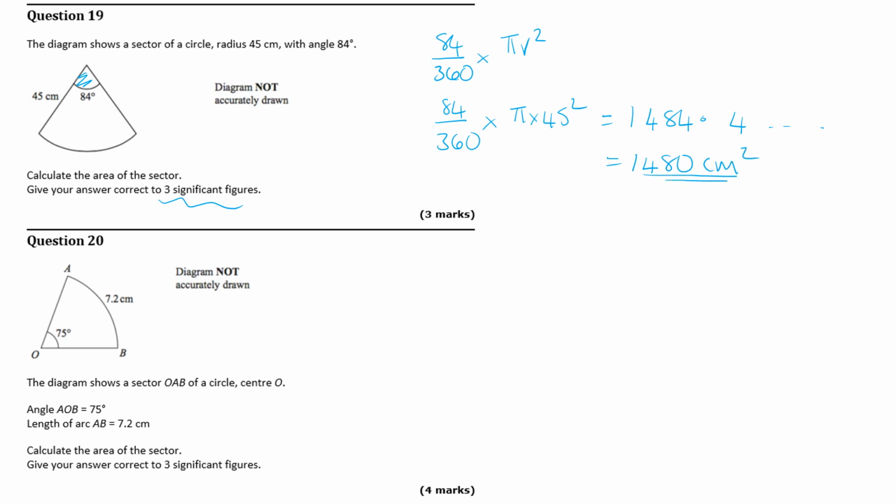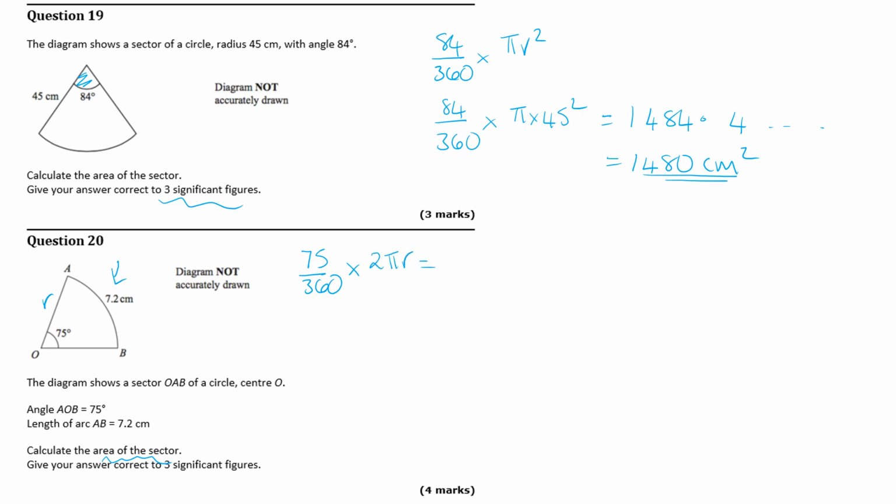In this next question, we're told that the arc length is 7.2. We haven't got what the radius is, but we're asked to find the area. So what we'll need to do is use the arc length formula. So that is going to be governed by the angle, which is 75 out of 360. Now it's that fraction of the formula for circumference, which is 2 pi r.